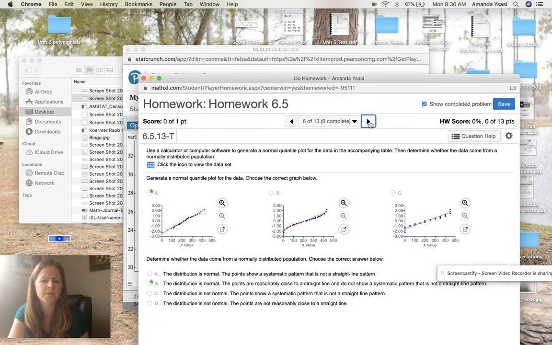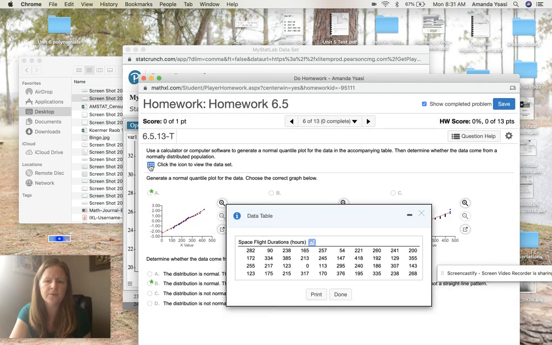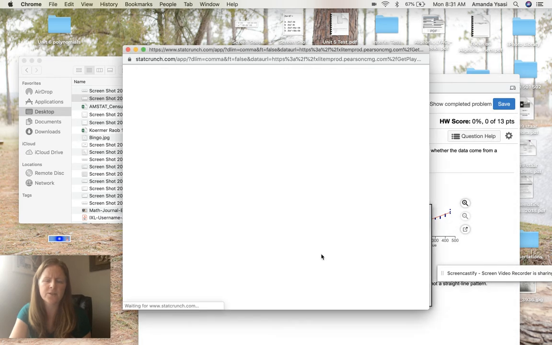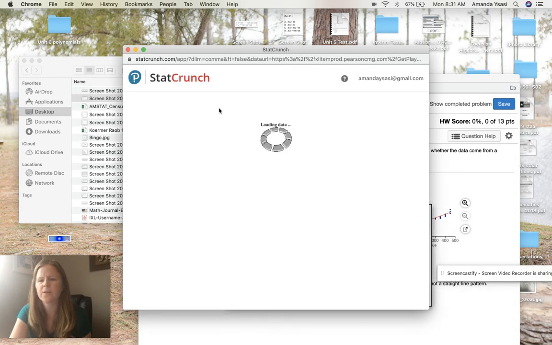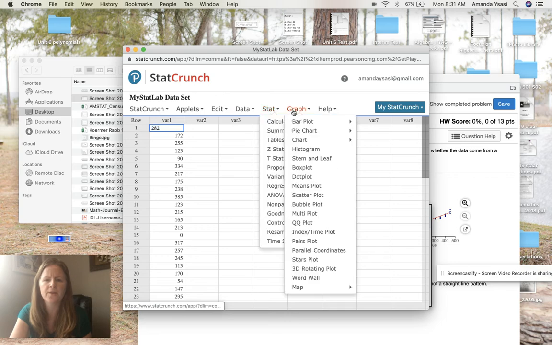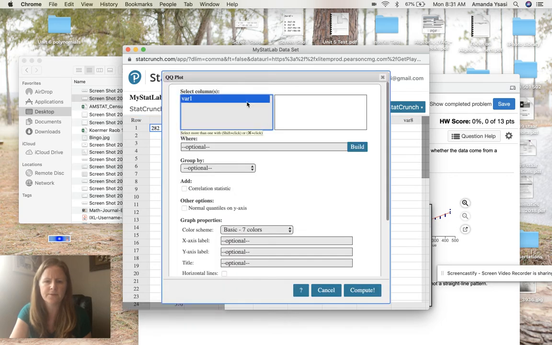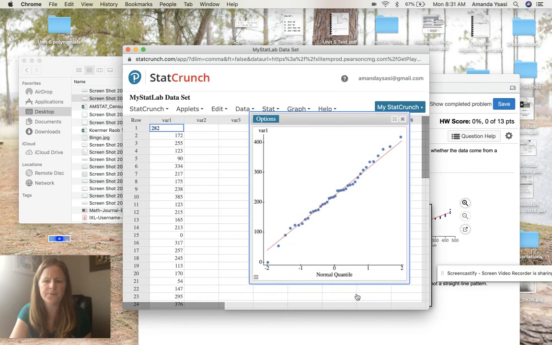Okay, so you're going to do this for each one of these problems. This actually gives you generate a normal QQ plot for the data. Choose the correct graph. So we have the data. You're going to open StatCrunch. And we just want to look at the QQ plot on this. Compute.